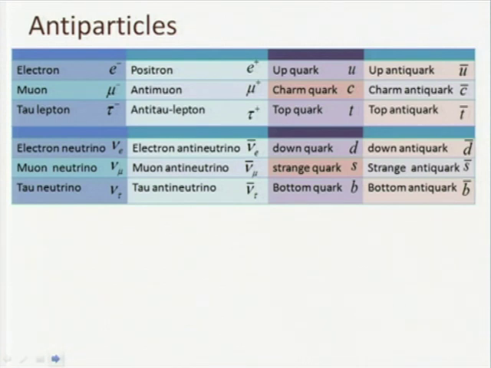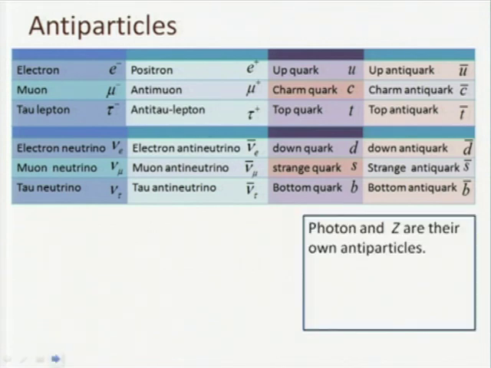Usually the notation is that for quarks you put the letters u, c, t, d, s, b, and for the anti-quarks you put a bar on top of the letter denoting the corresponding flavor of the quark. Photon and Z particles are their own antiparticles.